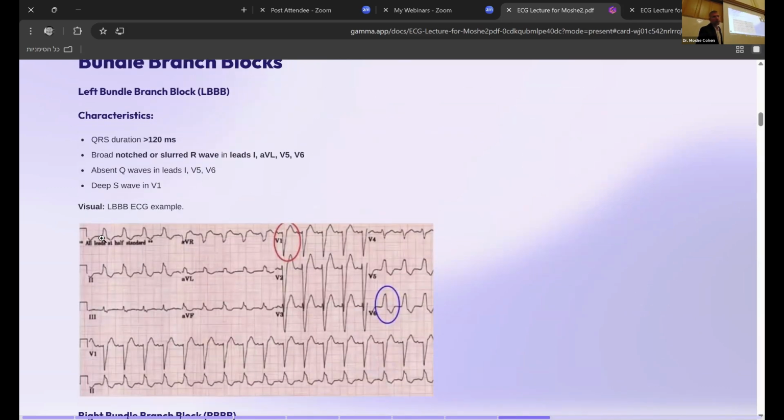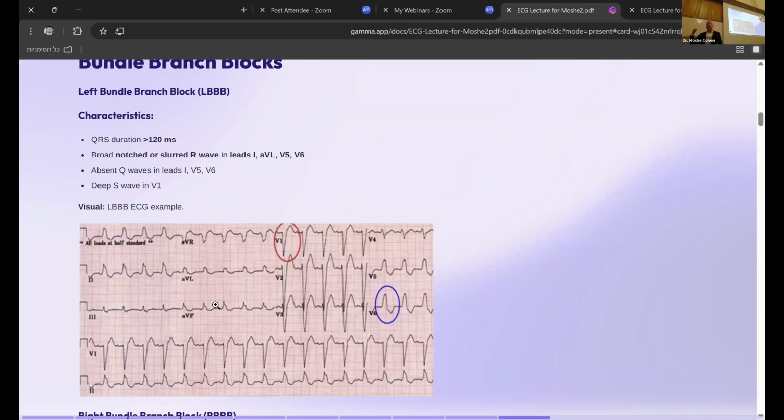Okay, 1 is positive. You see, 1 is positive. AVF is positive. You see, it's a positive wave, above 0. It means that we have a normal axis.